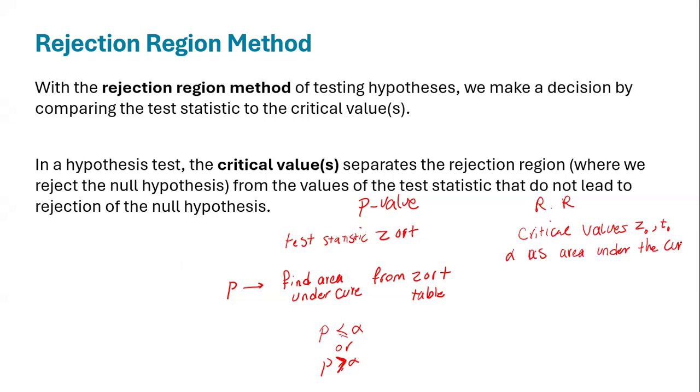We look at alpha, or the significance level, as the area under the curve, and based on this area under the curve, we find the z or t value, which are my critical values. And after finding the critical value, we need to show the shaded area, which is the rejection region. And then we find the test statistic.